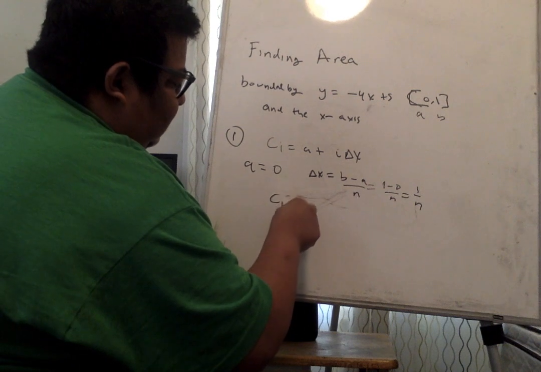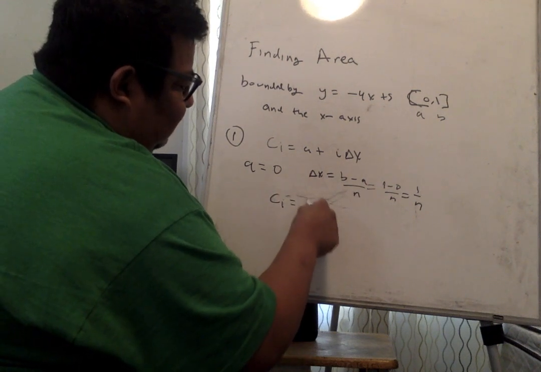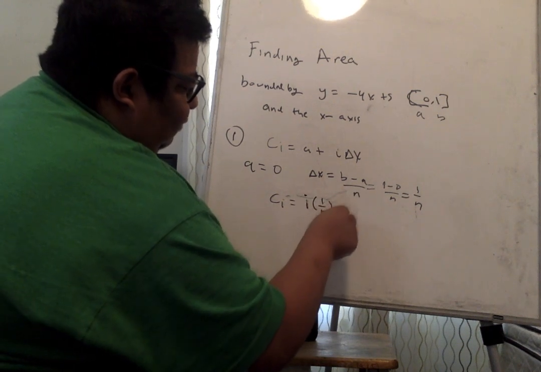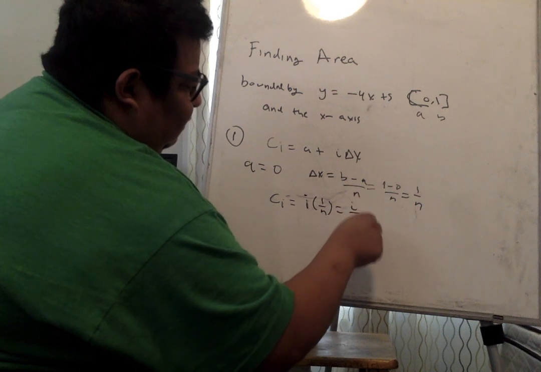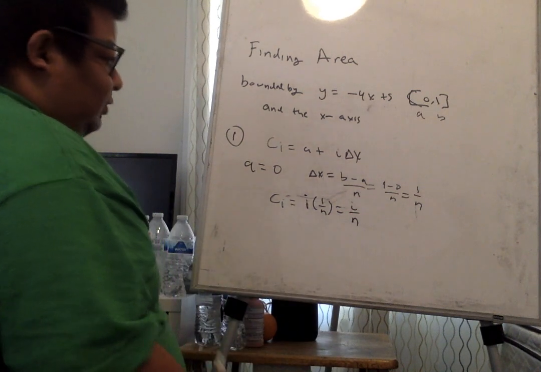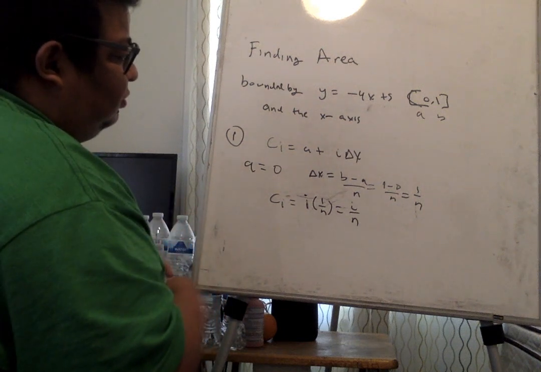We do ci equal to a, which is 0, so i times 1 over n, which is equal to i over n. Okay, so that's your first step, finding those things.